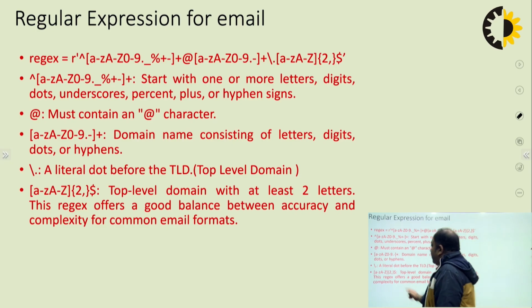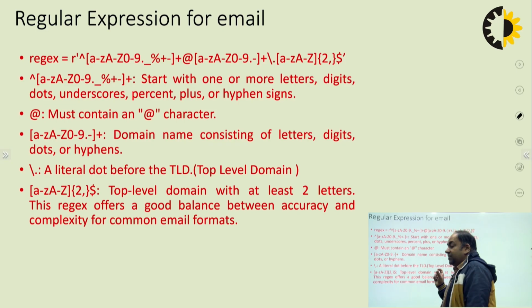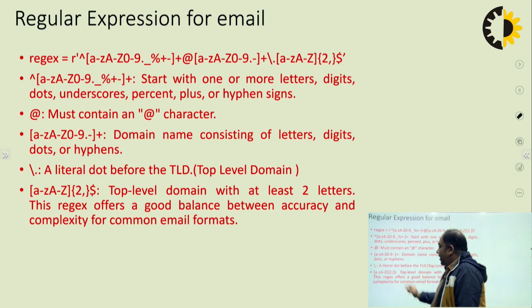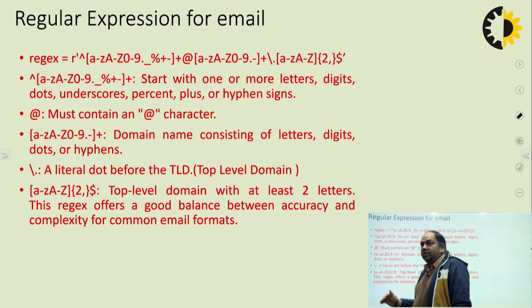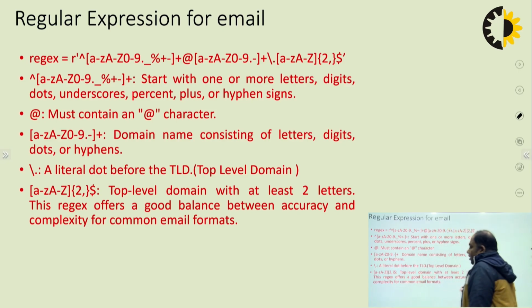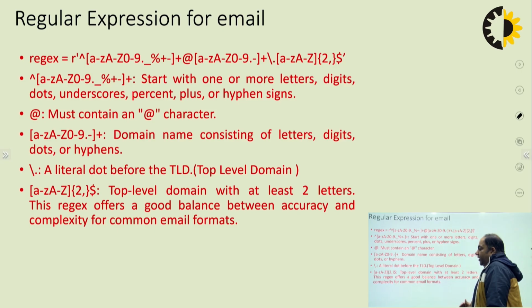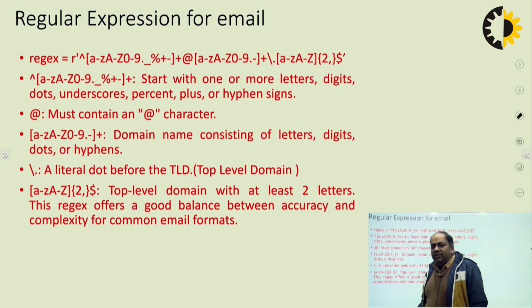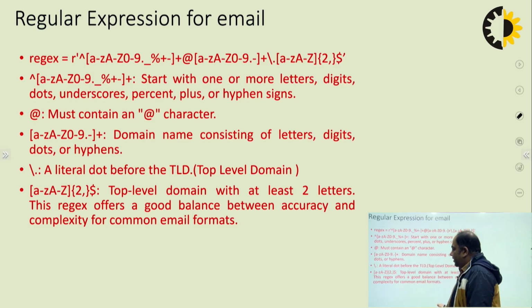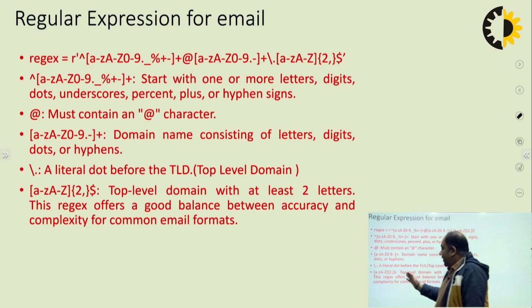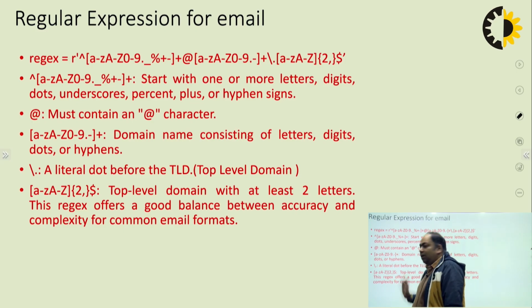So we write 2 comma, which means it starts with at least 2 characters and can have more than 2 but not less than 2, and it should be only letters. No digits are allowed in the top level domain, and we normally see that no top level domain has digits. So we write A to Z, at least 2, and it should end with that, so we use a $ sign.